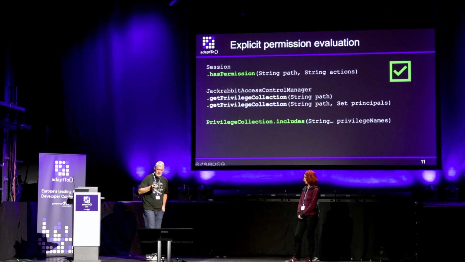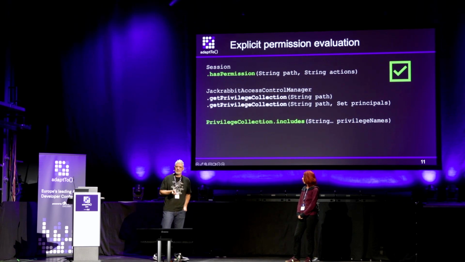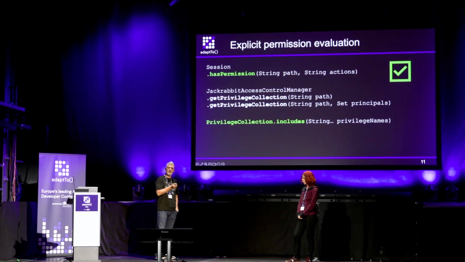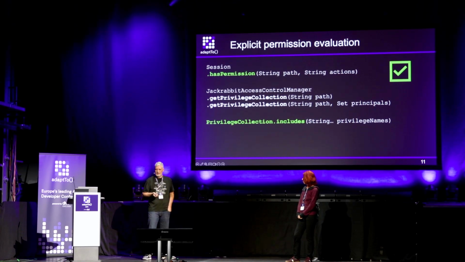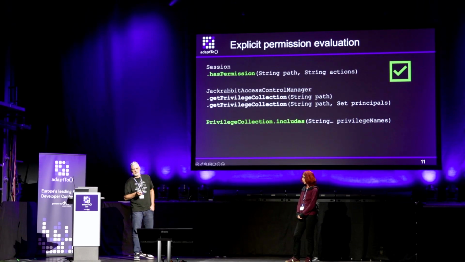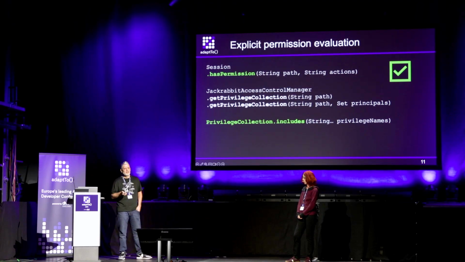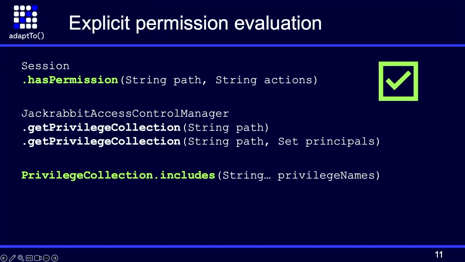In case you want to do some explicit permission evaluation, instead of checking the membership of a group, there are alternatives. You can do this kind of explicit permission check where you use the privilege collection that was created to perform repeated evaluation on the privileges.